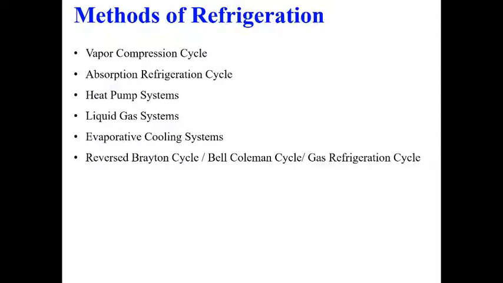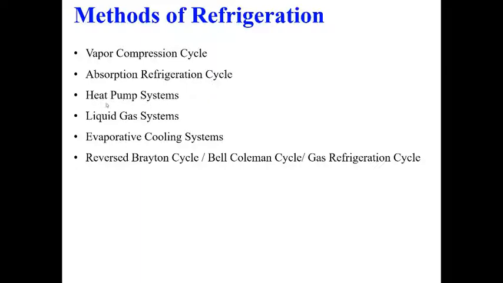So another point is, what are the various methods for refrigeration. So we have talked about the vapor compression cycle, and other methods also include the absorption refrigeration cycle, where the refrigerant is absorbed and then it is reabsorbed in the next steps.